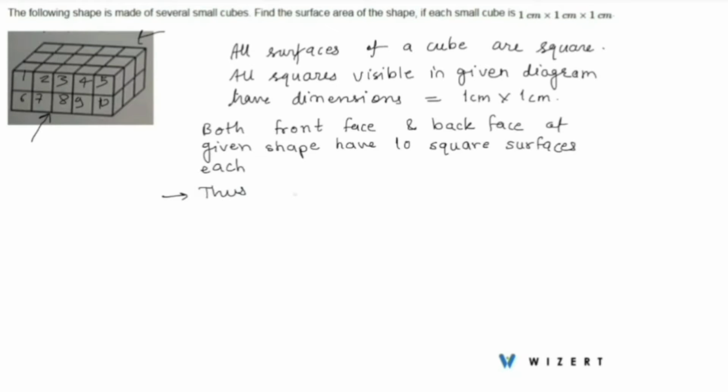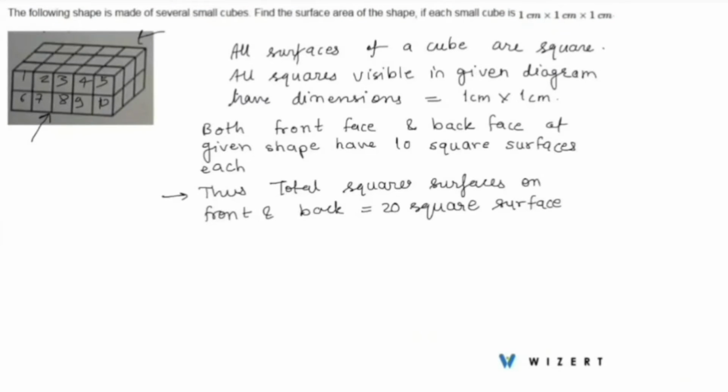Thus, we can say that total square surfaces on front and back are 20, right?